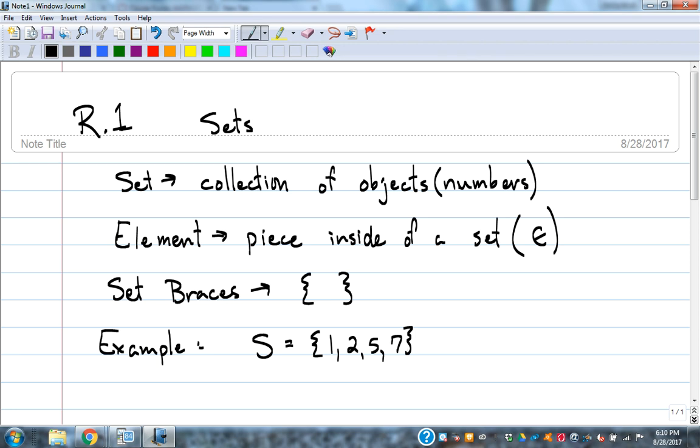That's all that is. Now, inside of that set, there are elements. 1, 2, 5, and 7 are all elements of that set. That's kind of taking our definitions and putting it to an example.